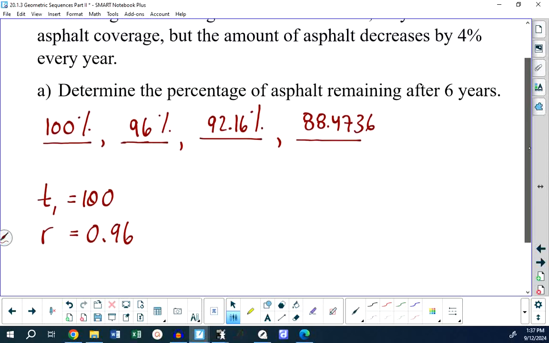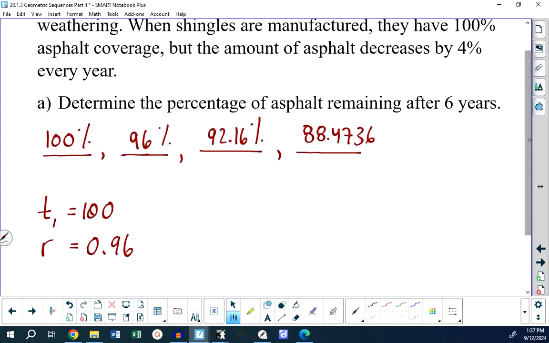The problem is, if I want to know how much is left after 6 years, T6 is not the answer to that question. It's the same thing as the bouncing ball, because T1, which is 100, is the asphalt remaining after no years. If you want to use this sequence, T7 will be your answer.